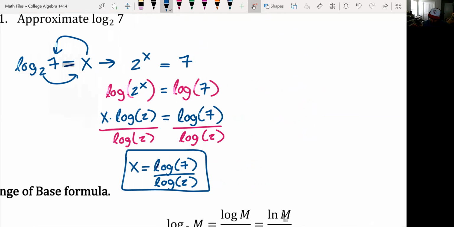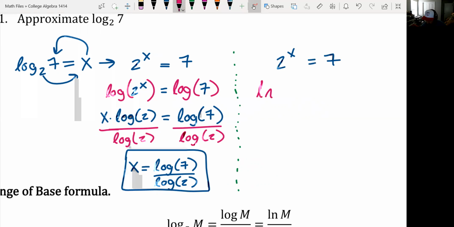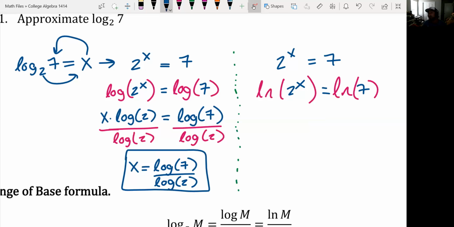I do have to show you option 2. So this works by composing both sides with a log, or this also works by composing both sides with the natural log. Either way, you'll get the same answer. So now I could say natural log of 2 to the x equal to the natural log of 7.